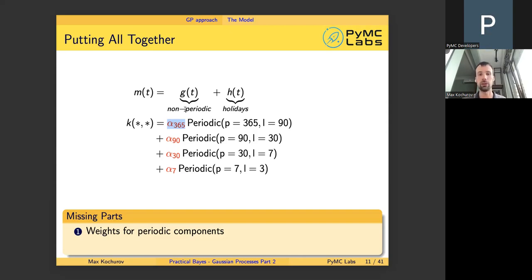You can specify alphas with this R2D2 prior, and the total variance of the kernel on the prior would be just 1, or R². And all you need to do is to specify the mental model of what component is more or less important. And those alphas would be adjusted accordingly.